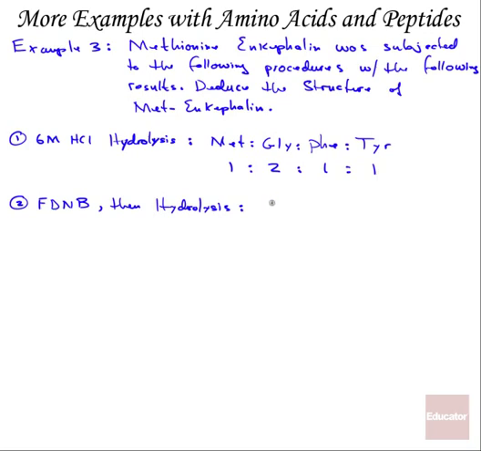And we ended up with the following. We ended up with DNB tyr. This molecule, this derivative of tyrosine, was detected, and also there were no free tyrosines. No free tyrosines detected.